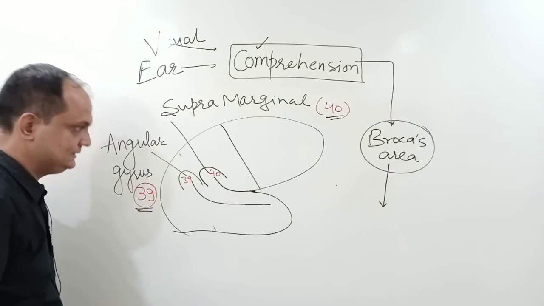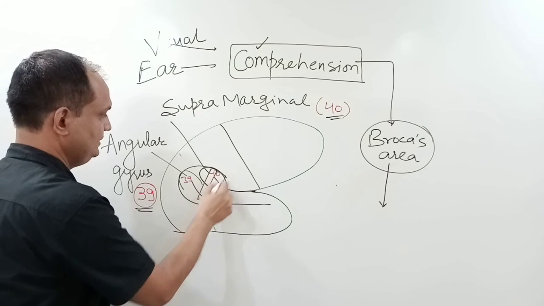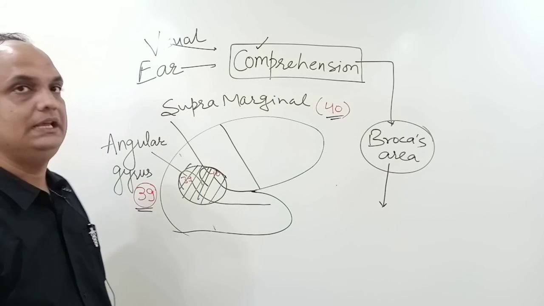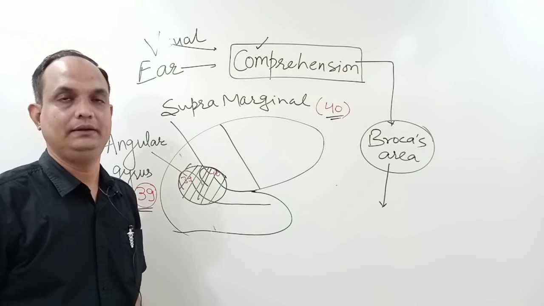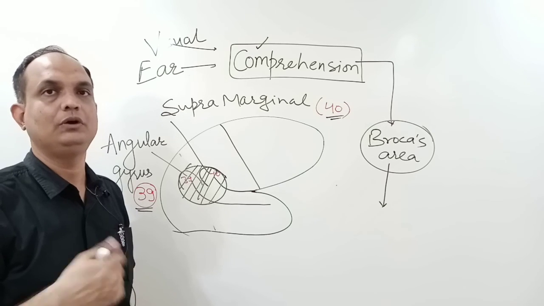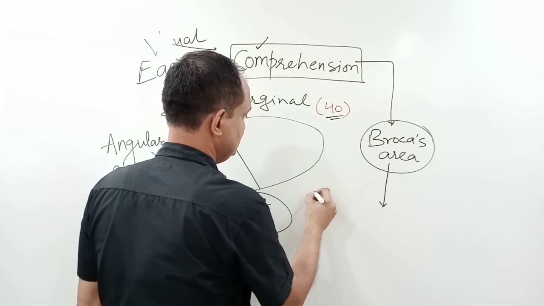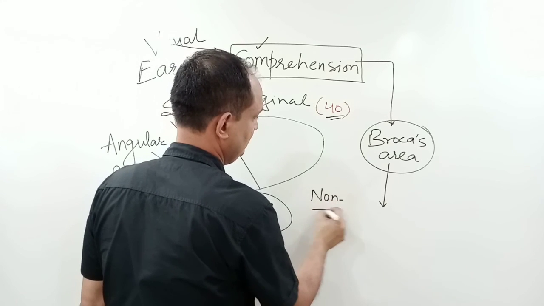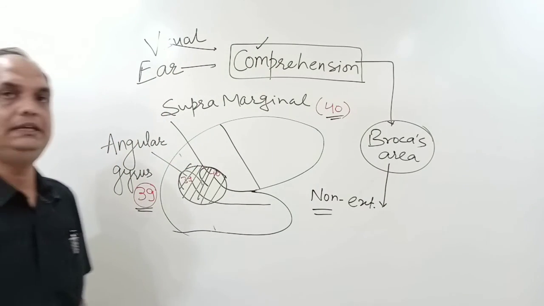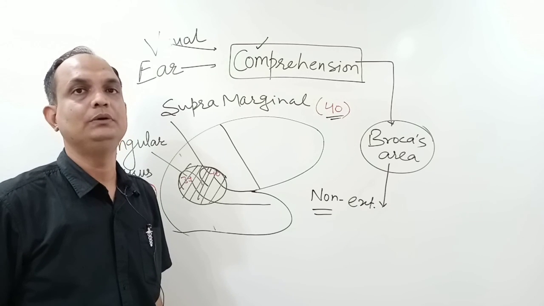But the important thing is, because this area is related to comprehension, if there is damage to Wernicke's area, the person is not able to comprehend. The fluency will be maintained, but the comprehension will be lost. So he or she will reply with non-existent, hypothetical words.